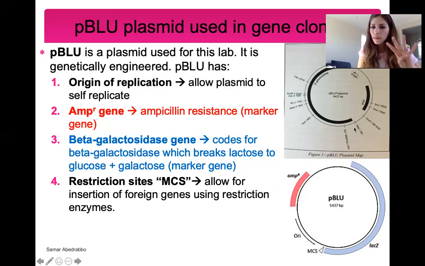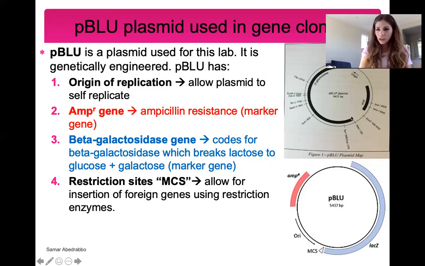If you look at the picture of the plasmid from your lab manual, these are names of different restriction enzymes that you can buy so that you can insert your gene.